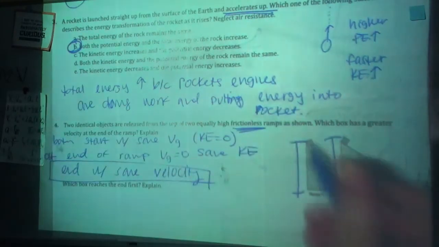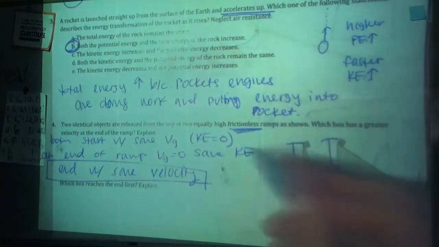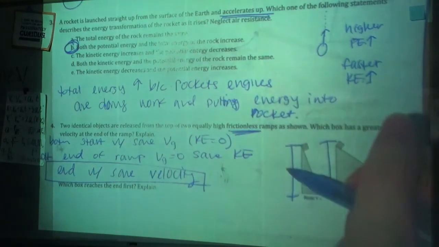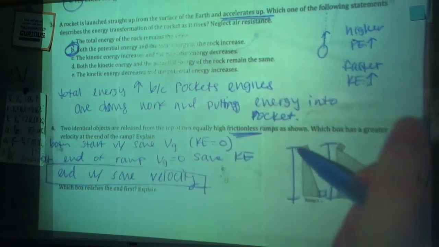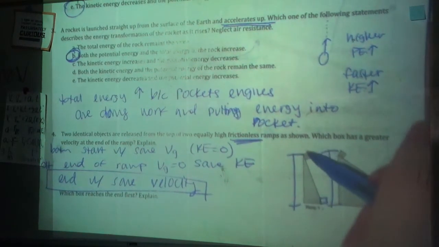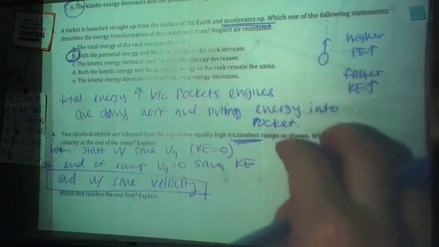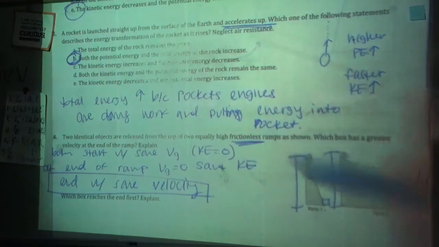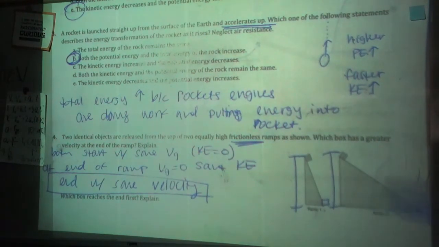It wouldn't matter if their masses were different, because we've done enough problems where you see the masses cancel out from height to velocity. So even if they weren't identical objects, they would still end with the same velocity. The reason is that they're starting with just potential, the same height, and ending with 0 height, so all of that height went into velocity.